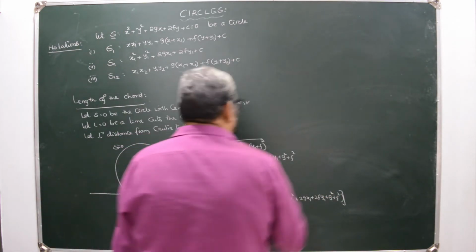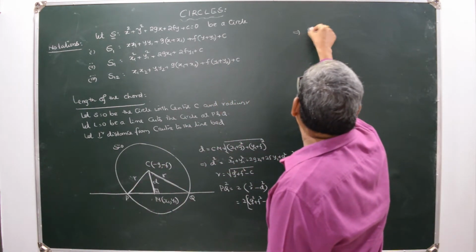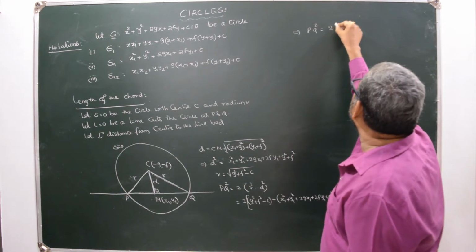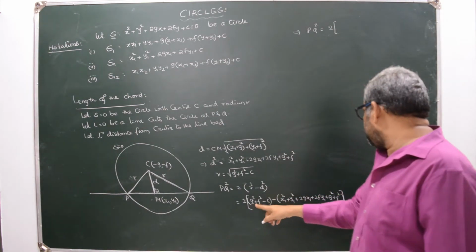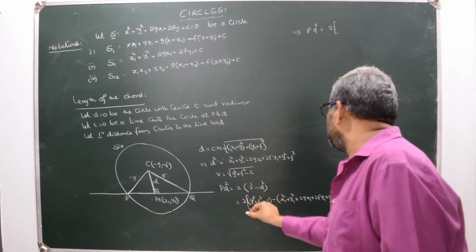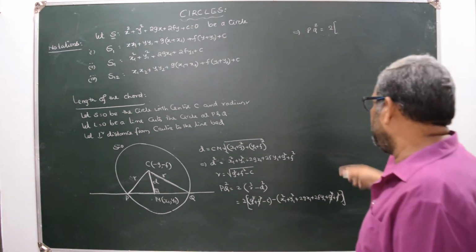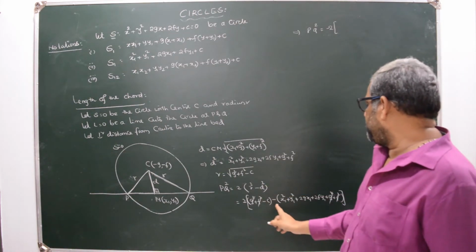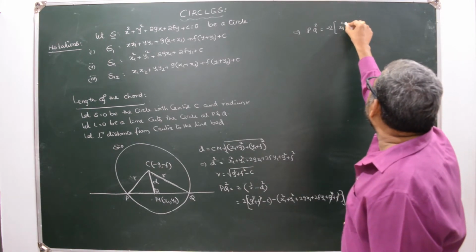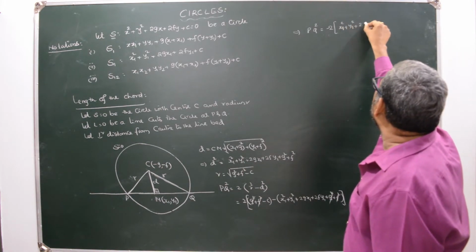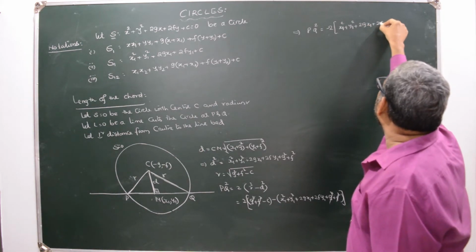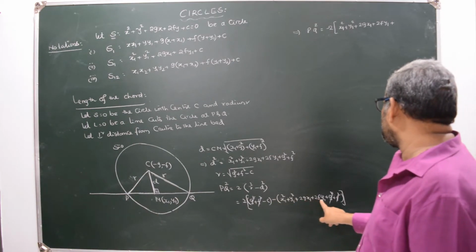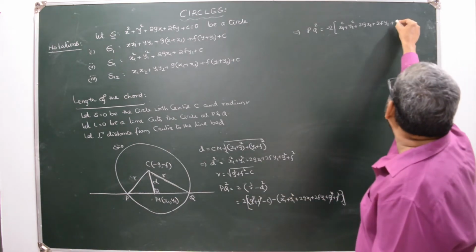Here g square gets cancelled, and minus c remains.